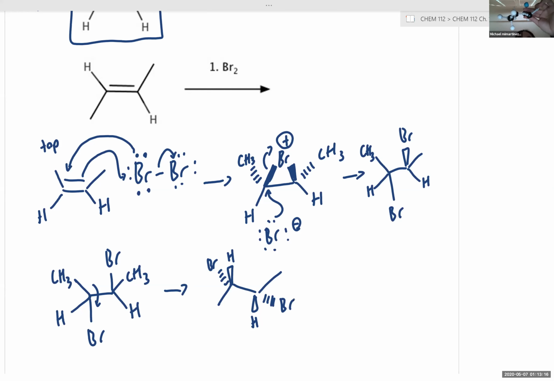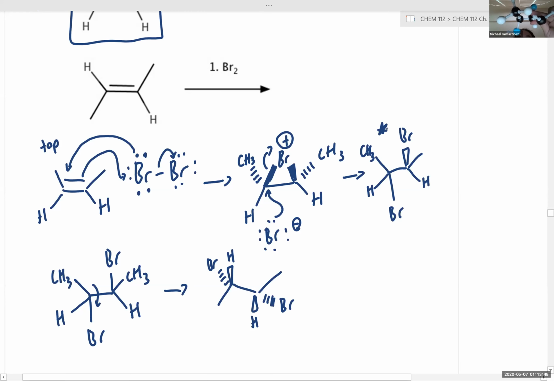It was then attacked from the opposite face, and we in turn generated a dibromide product where the bromines are on opposite faces. Does everyone see how the bromines are trans to each other? That's what we drew right here.